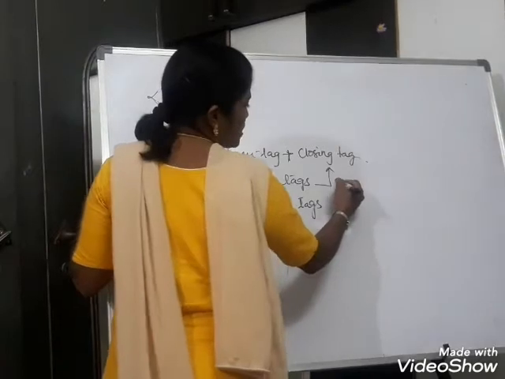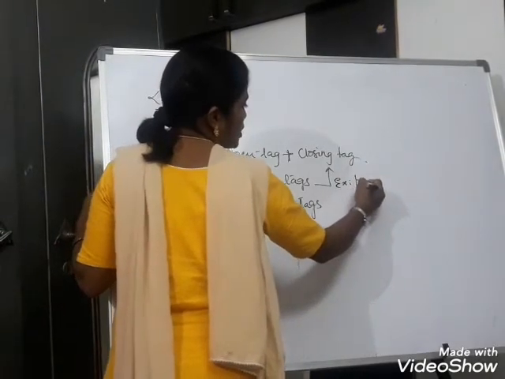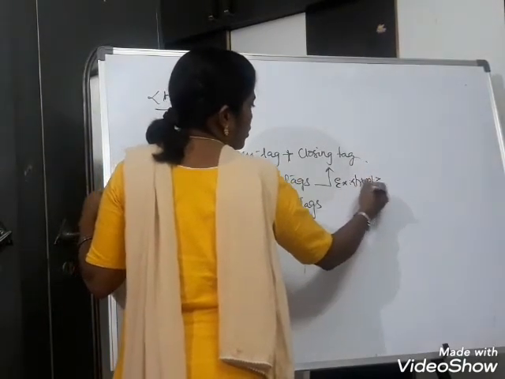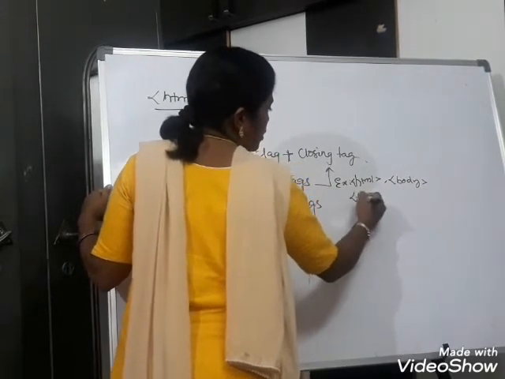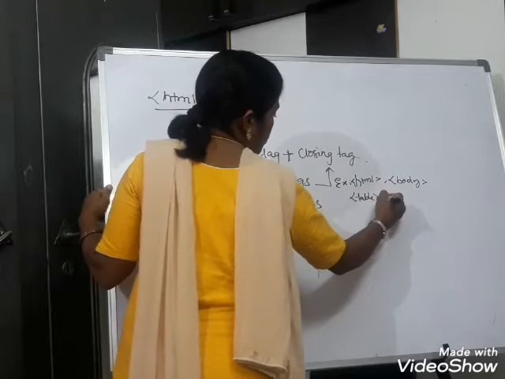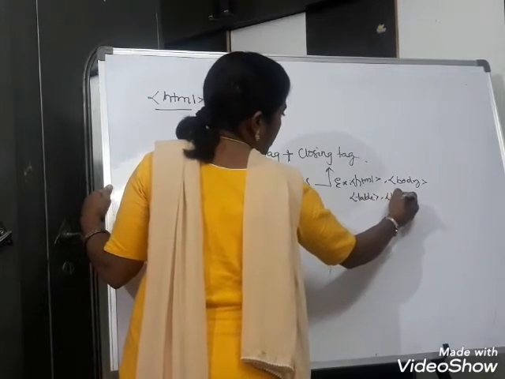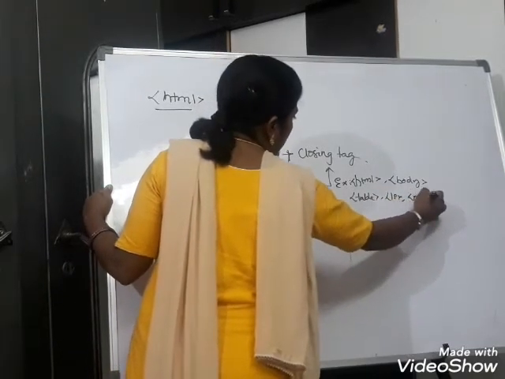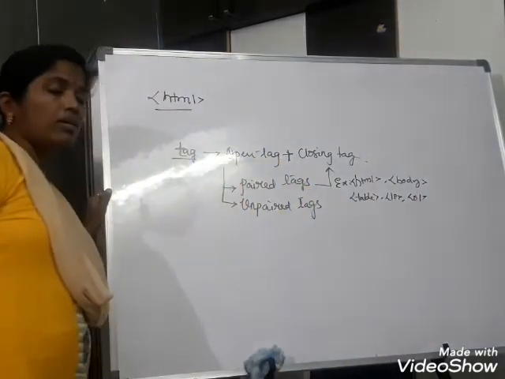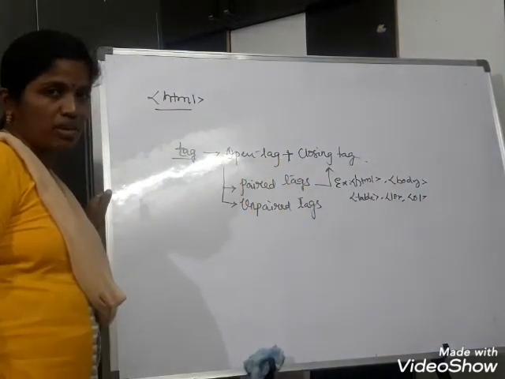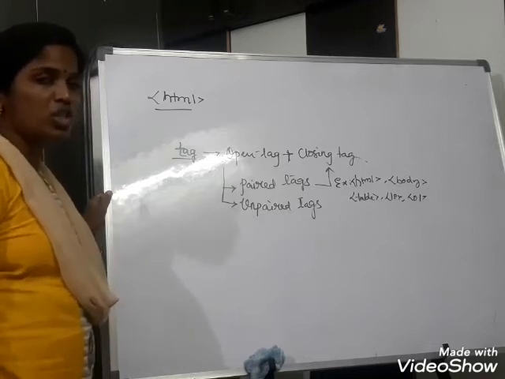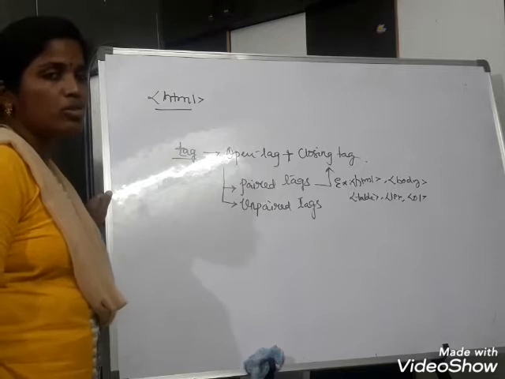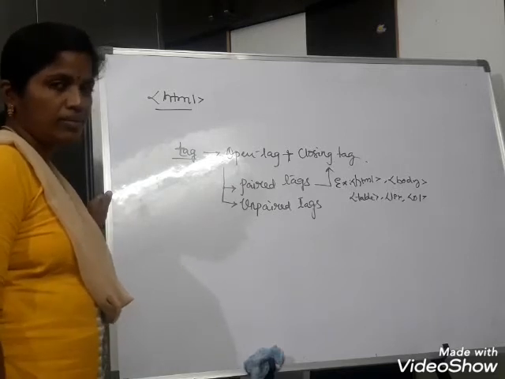Examples: HTML, body, table, li, ol. Like this we have many HTML elements. Tags are also called HTML elements because they are used to make the HTML file.